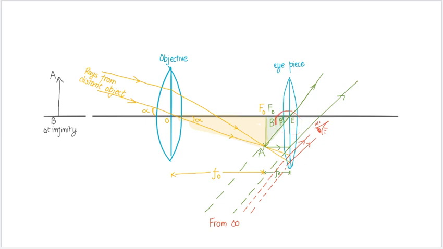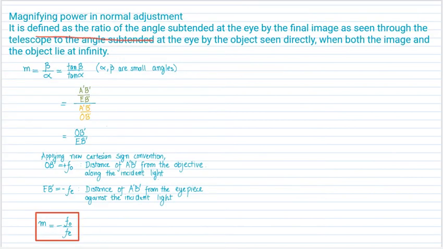So the magnifying power is defined as the ratio of the angle subtended by the final image to the angle subtended by the object, when both the image and the object are placed at infinity. So your magnifying power, m, equals beta upon alpha.